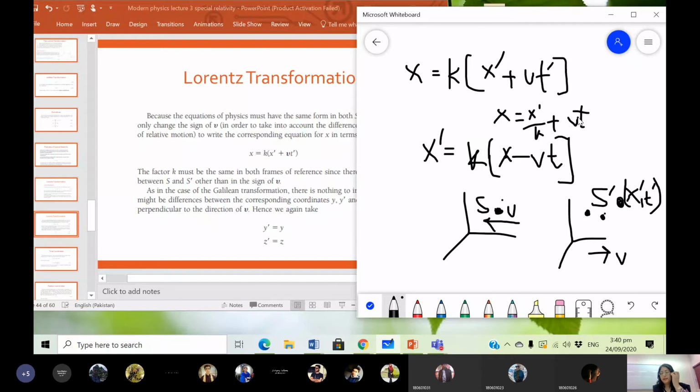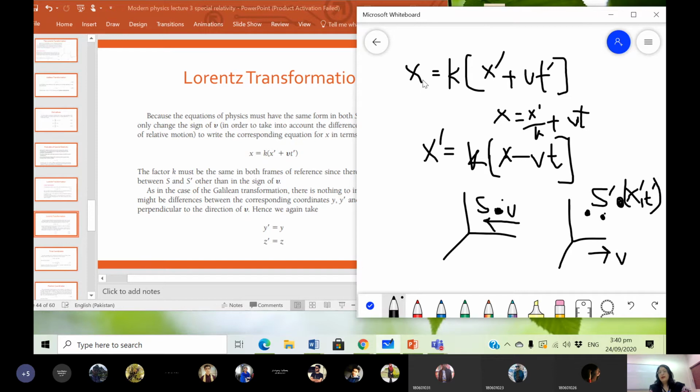We're not doing that here, because inverse Lorentz transformation is not defined like that. Inverse Lorentz transformation is defined by changing the sign of v, making it plus, and we replace this with x dash, this with t dash and this with x dash.